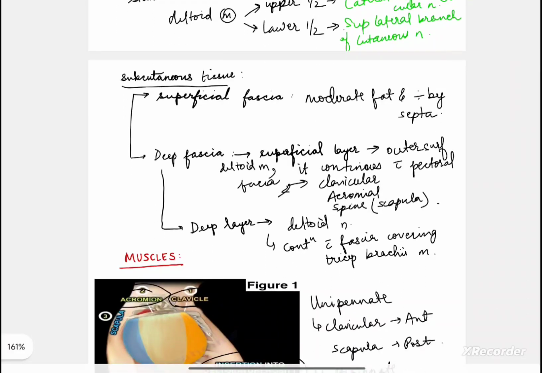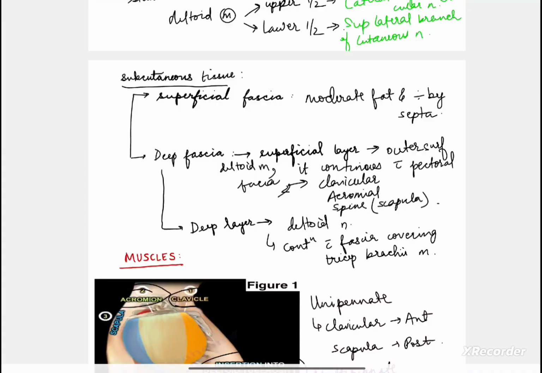Now, subcutaneous tissue. After the skin, in the subcutaneous tissue, there are two fascia, superficial fascia and deep fascia. In deep fascia, there are two layers, superficial layer and deep layer. The superficial layer covers the outer surface of the deltoid muscle, but it continues with the pectoral fascia and it is subdivided into clavicular, acromial and spine.